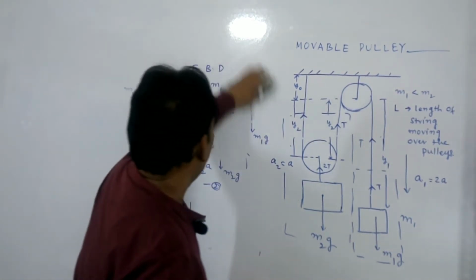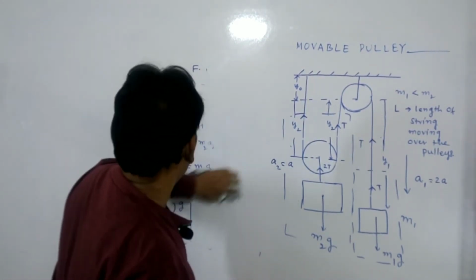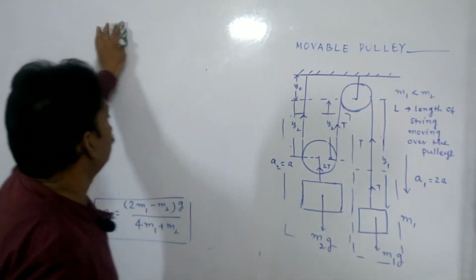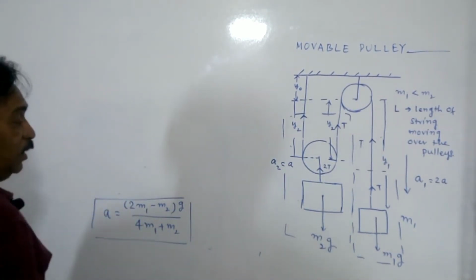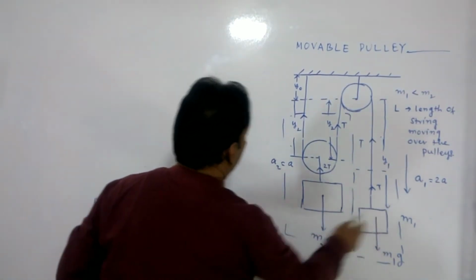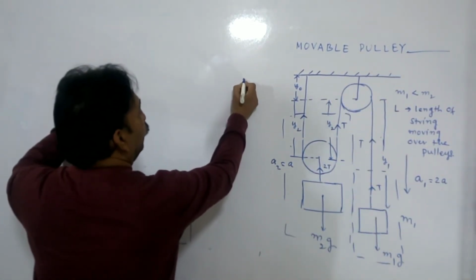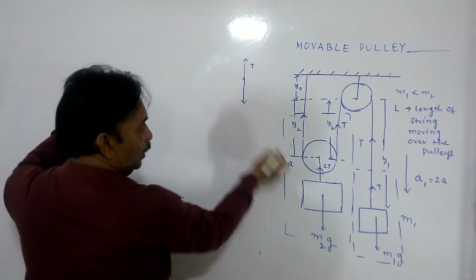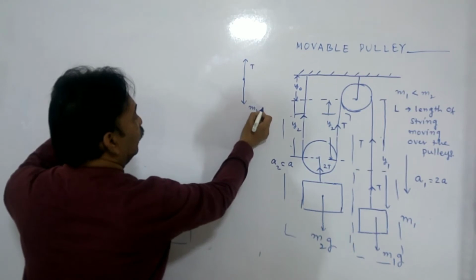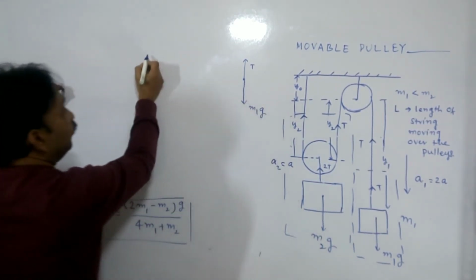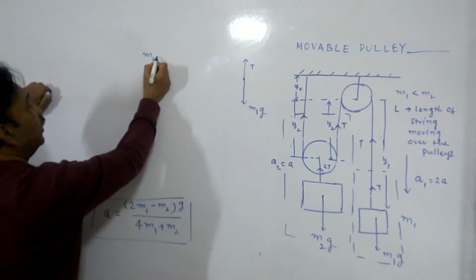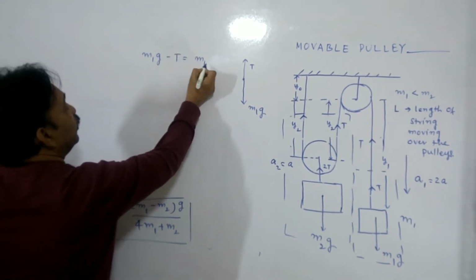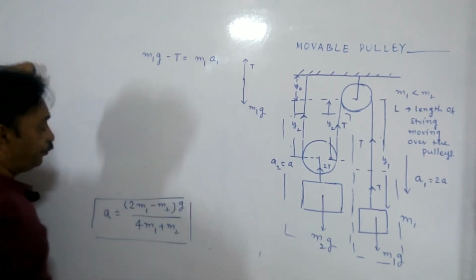Tension in the string. Okay, students. Here we are taking this diagram. If you draw the free body diagram, you will find the tension. It is m1g. The difference of the two, m1g minus T is equal to m1a1.